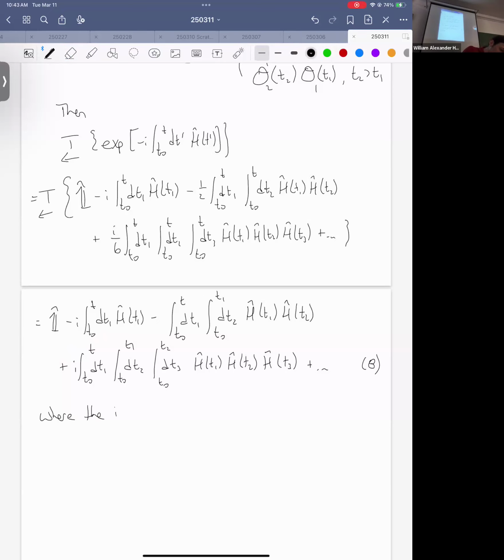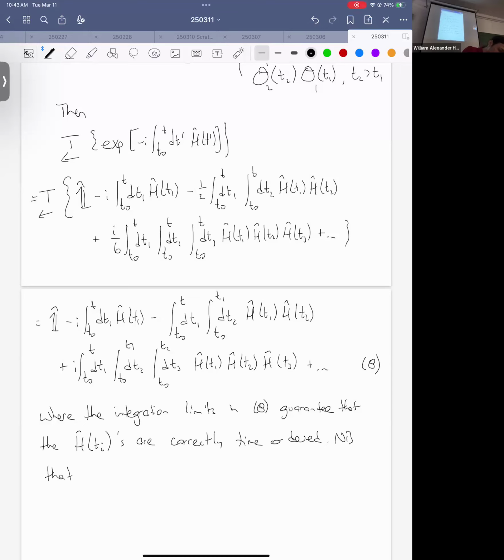Where the integration limits in 8 guarantee that the Hamiltonians are correctly time ordered.